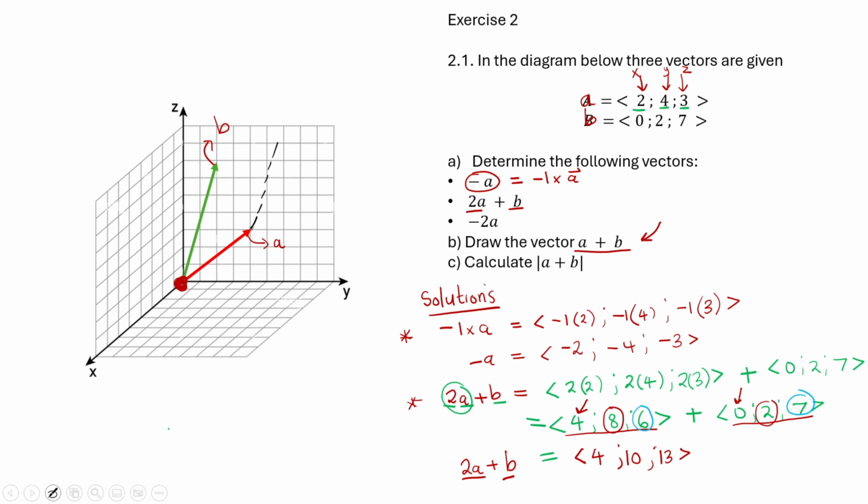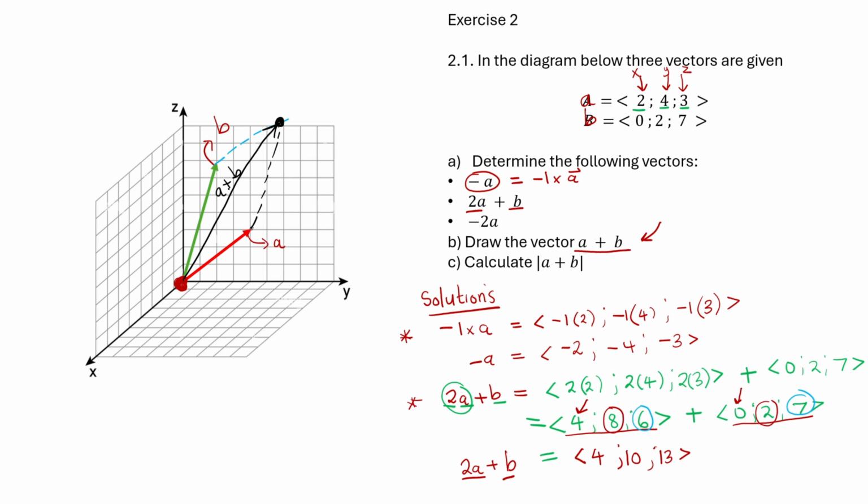Then you go to the end of the green vector and draw a vector parallel to this red one. Where these two lines meet, that's where your resultant is going. So your resultant moves from both the tails and goes straight there. Here it is. This is a plus b, the resultant.